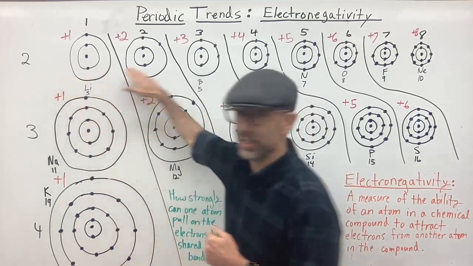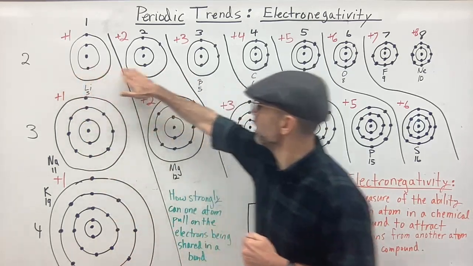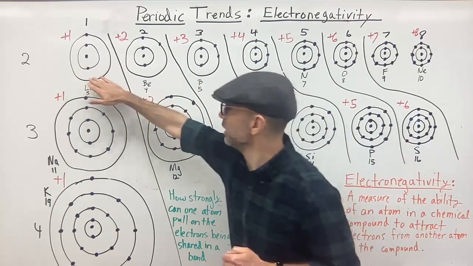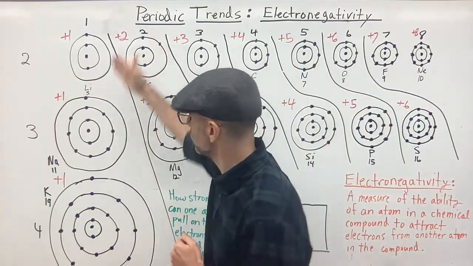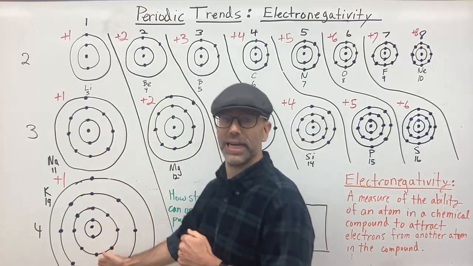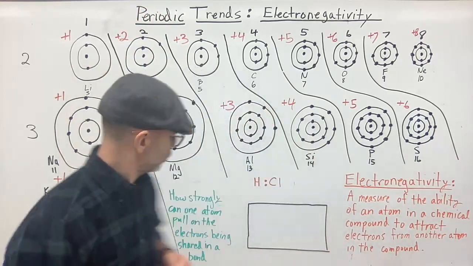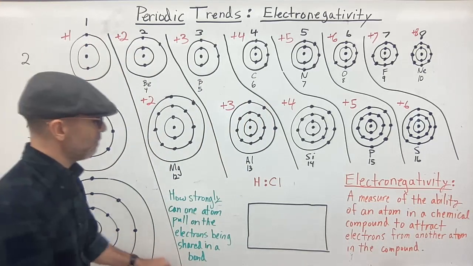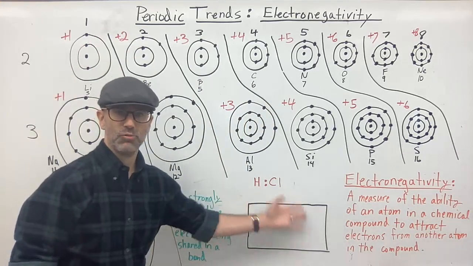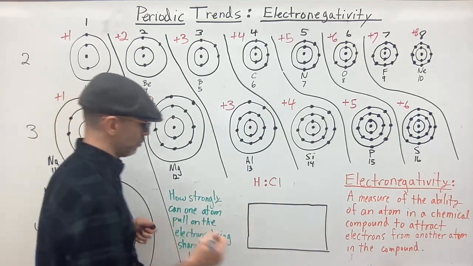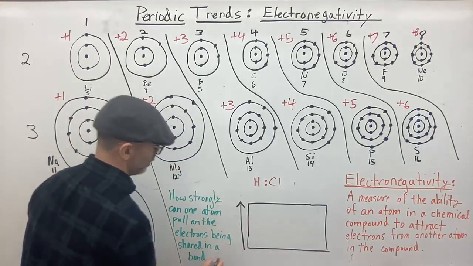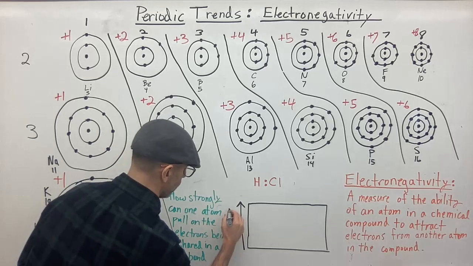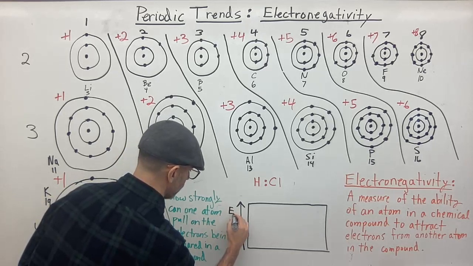And that's the trend. The trend of electronegativity is increasing across the periodic table left to right, and decreasing down a group, or increasing up the group. If we write this in my rectangular periodic table, we would see the trend this way. If you're going up, I'll put En for electronegativity.